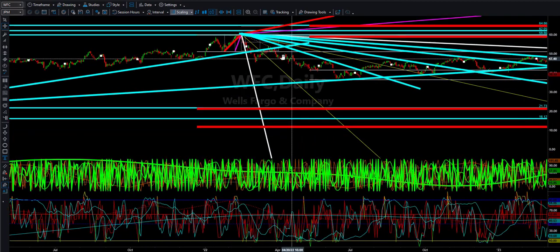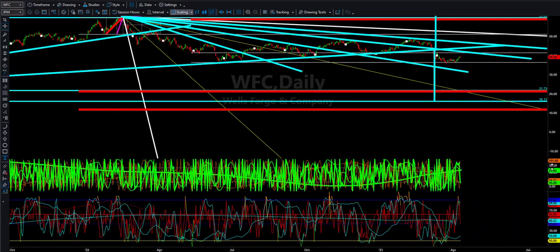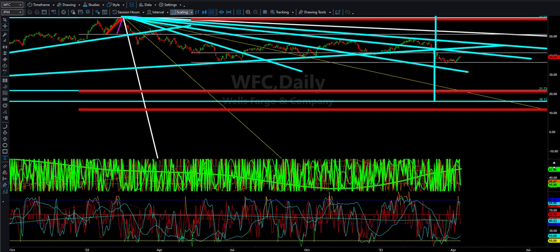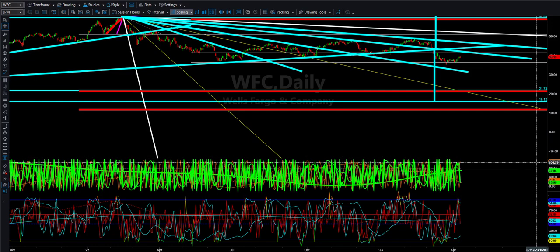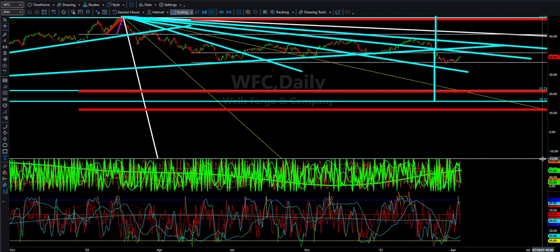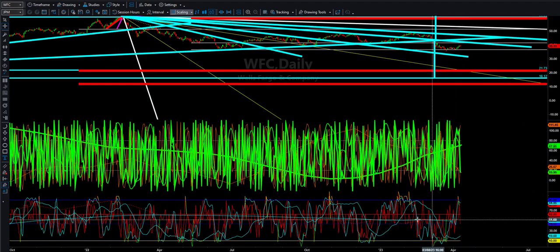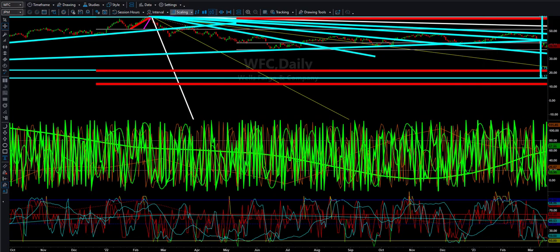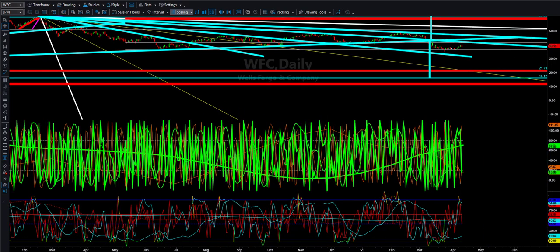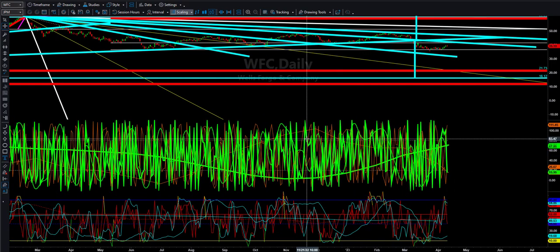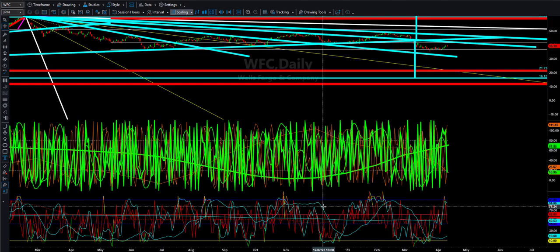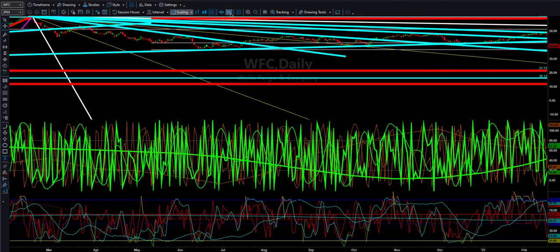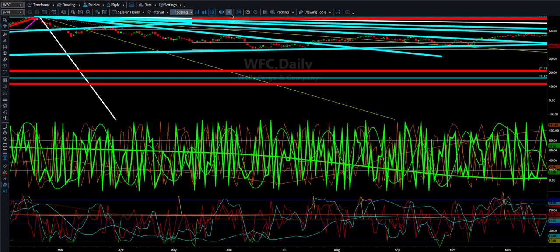Now, looking at the behavior of the cycles, monthly, weekly, and daily, let's zoom in a little bit.